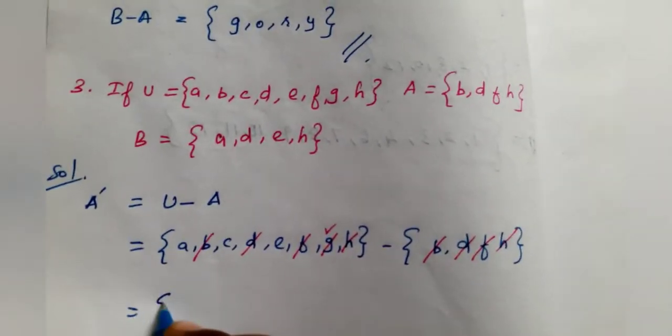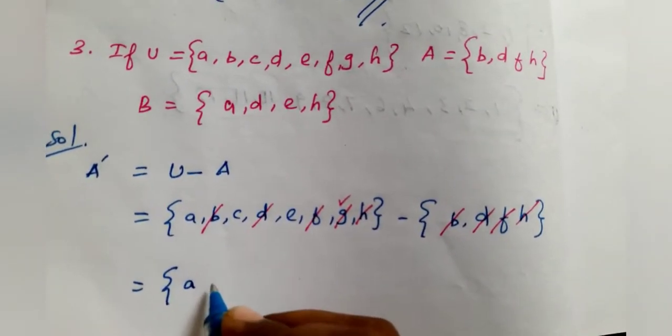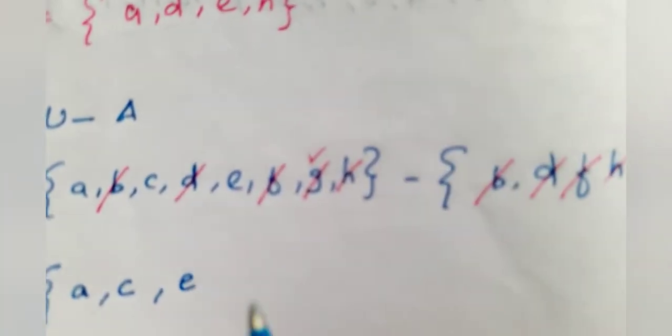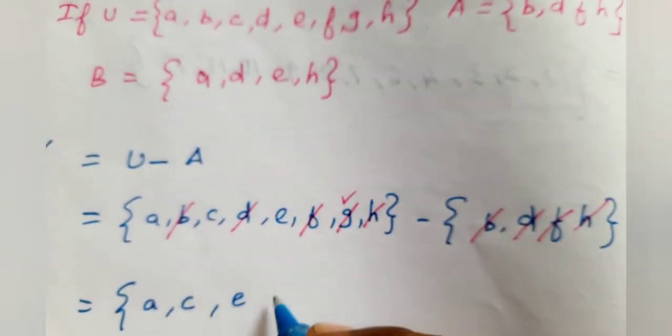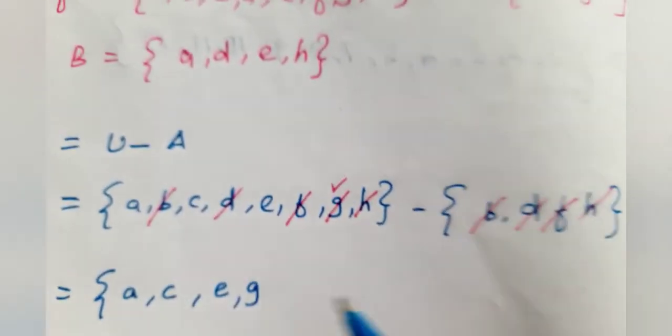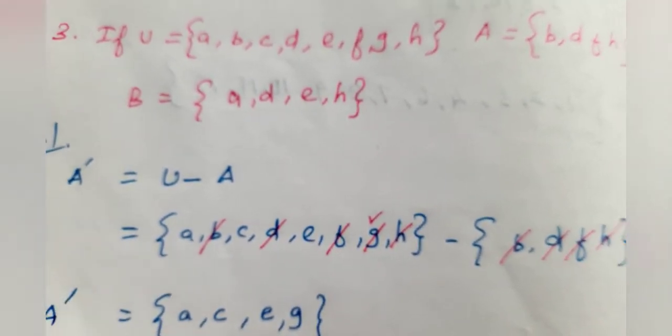The remaining elements are A, C, E, and G. So these are called A complement.